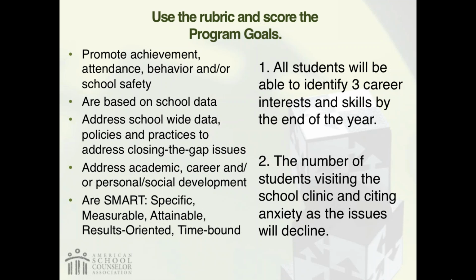Second: the number of students visiting the school clinic and citing anxiety as the issue will decline. So we would suggest that you evaluate these goals based on the criteria and give them a score of 1, 2, 3, 4, 5, or 6, 6 being exemplary, and be able to provide the rationale for why it's a 3. What's missing? Or if it's a 6, did they address all the criteria that's in the rubric?